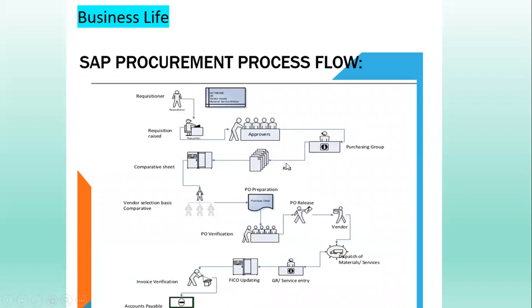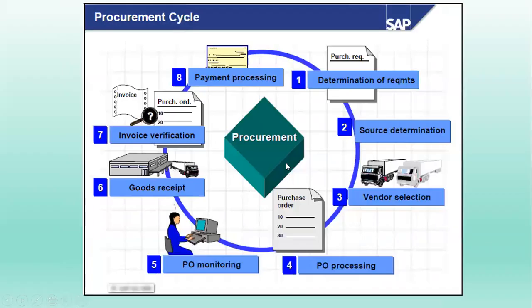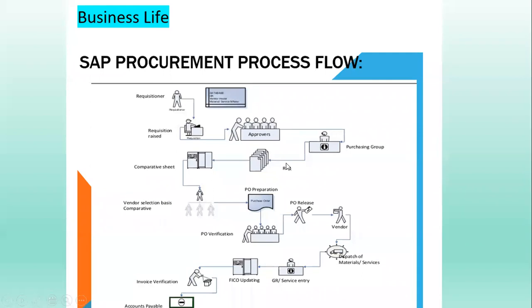So this is the entire cycle, with the approval strategy. These are the basic procurement process steps. From an interview point of view, if they ask about this, you need to explain these steps.